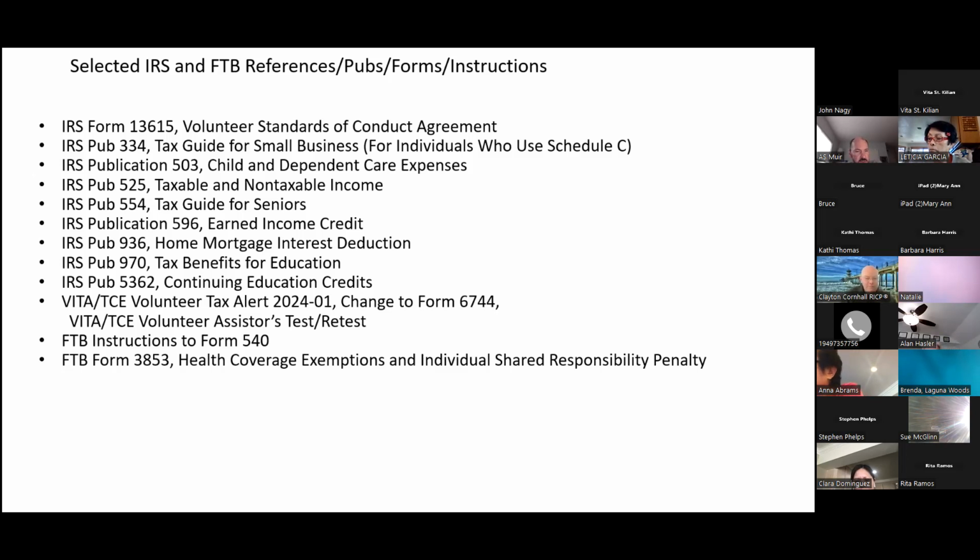One of my favorite pubs, 525, taxable and non-taxable income. In the VITA program, we see it all the time. We have individuals that come in and state that they've received some type of court award.